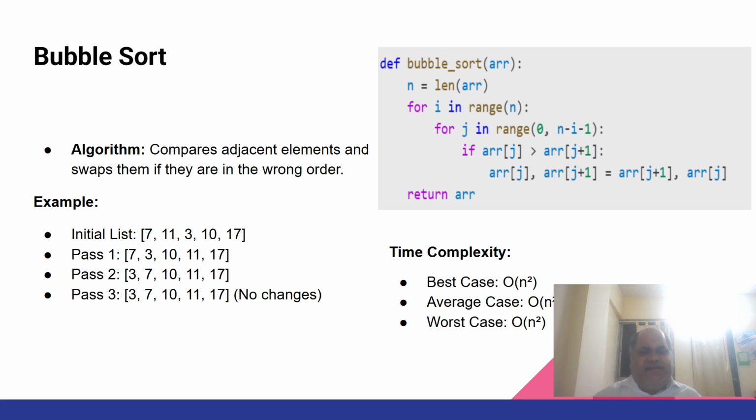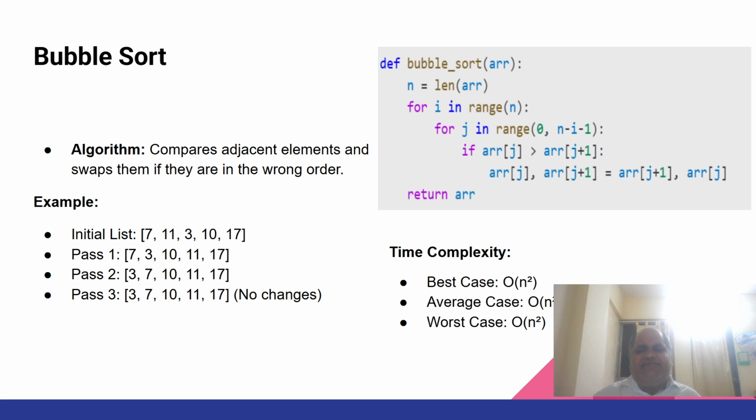Then look at the third time. Your i is 2, and then j goes till n minus 2 minus 1, that is n minus 3, which is from the right the third element. Why? Because the n minus 1 and n minus 2 elements are fixed. And so forth, till you reach the stage where i is n minus 1.